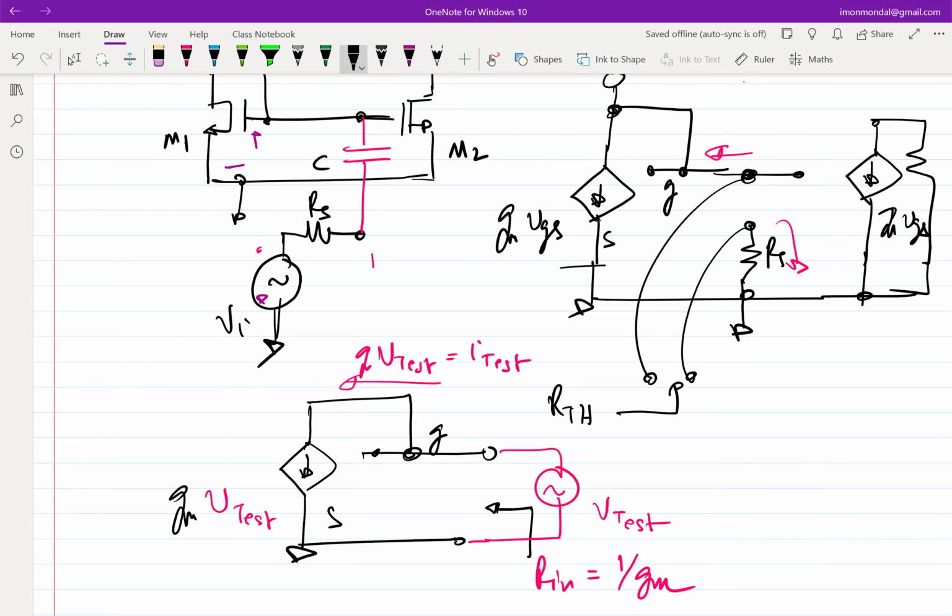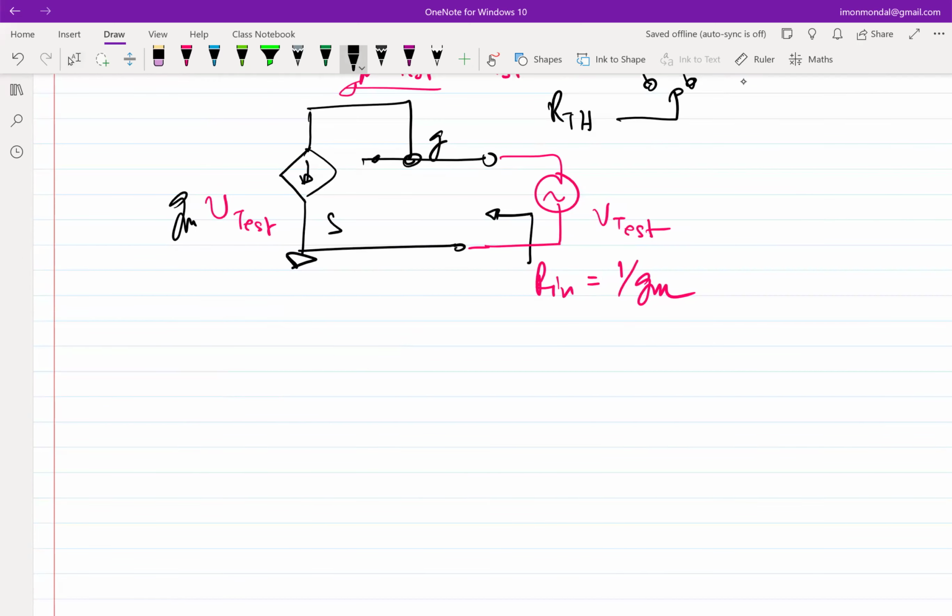This is also a useful configuration to remember. Assuming this is biased, when the gate and drain are connected, this is often called a diode-connected configuration.